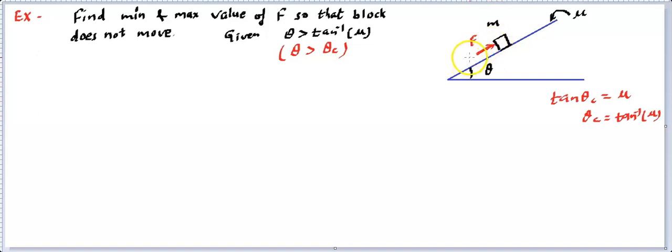First case. Whatever force is required at that case will be the minimum force you need to apply. After that you can increase this force. If you keep on increasing this force, then after a certain time it will be ready to slide in the upward direction. When it is ready to slide upward, that condition will give you the maximum force that can be applied so that it is not sliding.